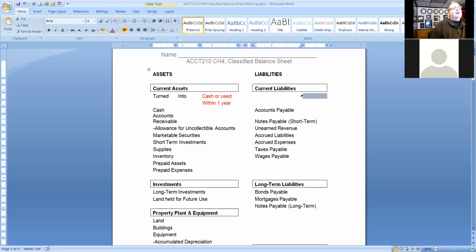And current liabilities are liabilities that will be paid within 1 year. So current means that these are 1 year assets or 1 year liabilities.